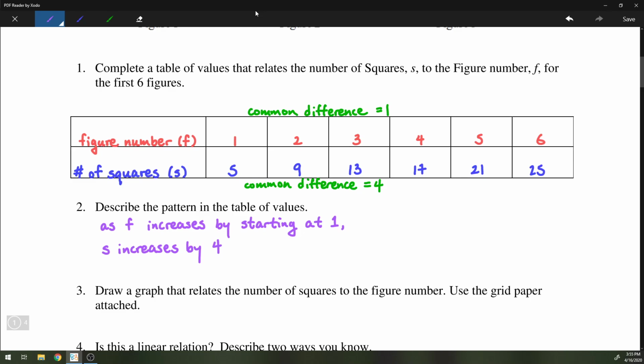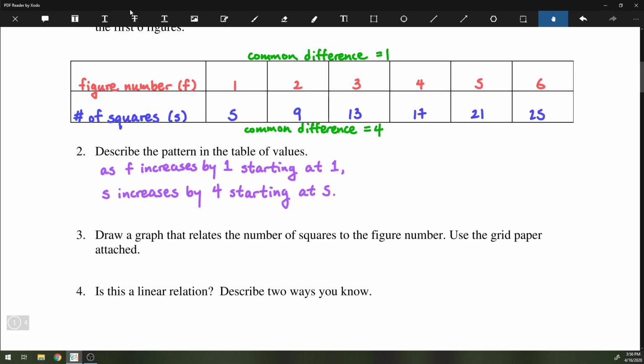Oh, sorry, I missed the word there. Okay, let's fix that. So as f increases by 1, starting at 1, s increases by 4, starting at 5. Figure number 1 has 5 squares. Okay, so that's one way to describe the table of values in words.